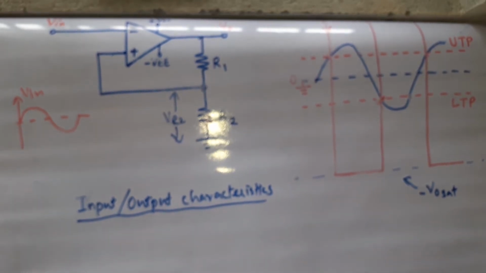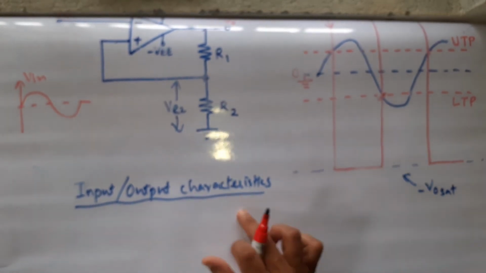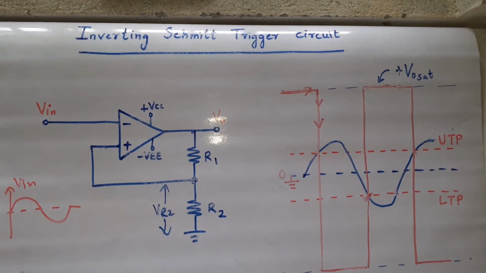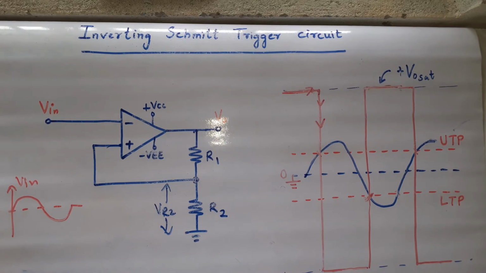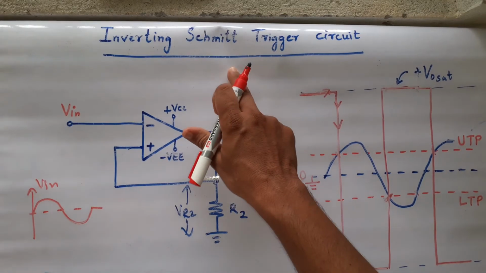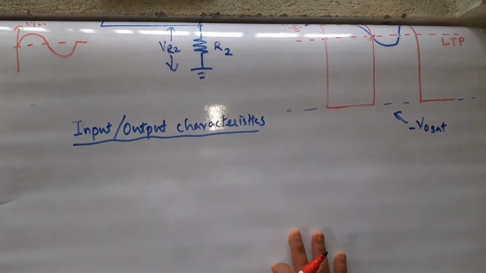Input output characteristics, very important part of this topic. This characteristics plays very important role in this particular topic. In your video question paper, he will specifically ask, along with this topic, explain input output characteristics. Okay, so all of you need to concentrate here.